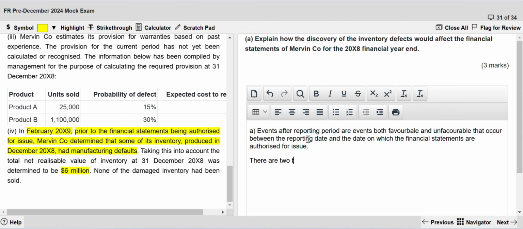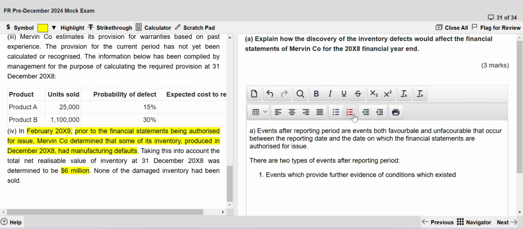There are two types of events after reporting period. What are they? Number one, events which provide further evidence of conditions which existed at the reporting date, which is an adjusting event.